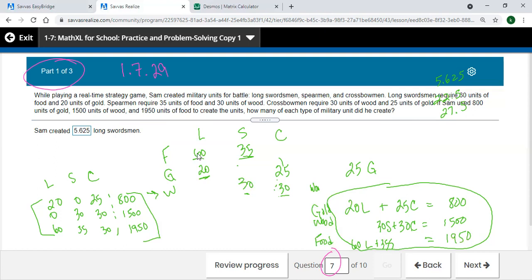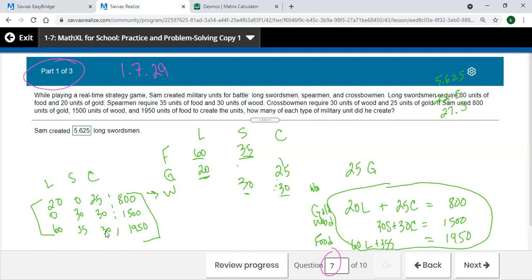When I look at the food row, it should be 60L and 35S. That's what I have down there. I have all my variables lined up in the first column. In the bottom right, I've got L's and S's in the middle and C's on the end. And I put the 20, 0, 25, 0, 30, 30, 60, 35.